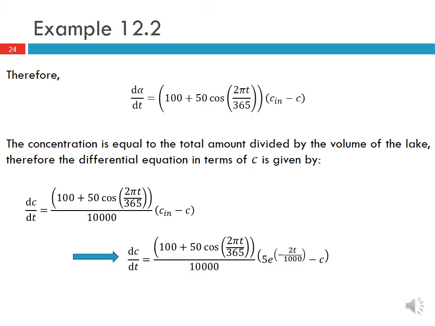So this is the form of our differential equation that we need to solve. Here we've plugged in the form that we know for C in. So now we have this equation that describes the change of C with respect to time, and it is a function of both time as well as C.